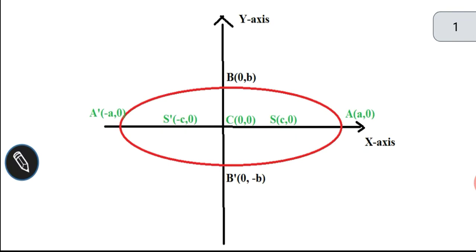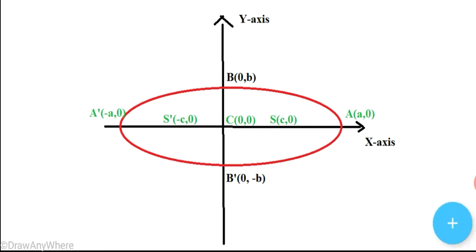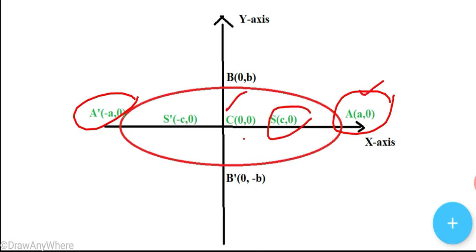Consider the ellipse. It has two vertices. One is A of (a, 0) and the other is A dash of (-a, 0). The midpoint of C and A is called the focus. There are two focus points. One is S of (c, 0) and the other is S dash of (-c, 0).